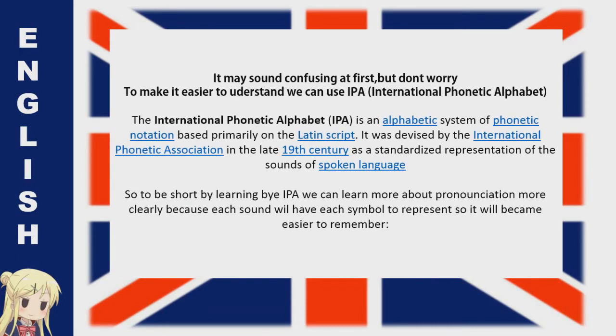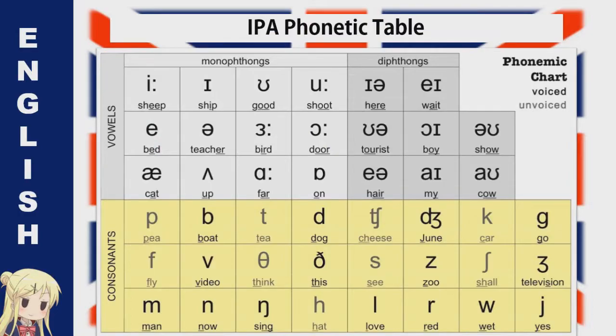To make it easier to understand, we can use the IPA, or International Phonetic Alphabet. By learning the IPA, we can learn pronunciation more clearly and easily, because each sound will have its own symbol to represent it, so it will become easier to remember. So here is the IPA phonetic table.